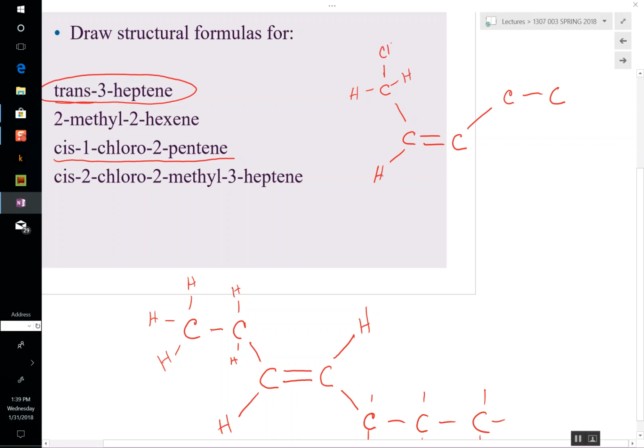And there'll be a hydrogen down here and a hydrogen down here. Okay, so you've got the double whammy here. You need to be able to look at a structure and figure out whether it has a cis or trans isomer. And you need to be able to take a name and draw the structure.